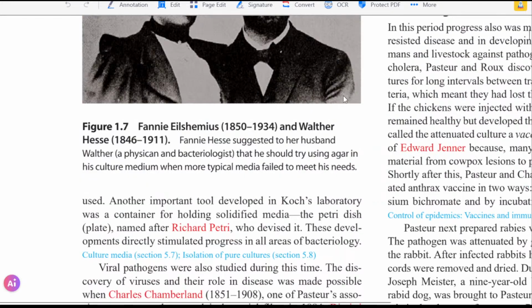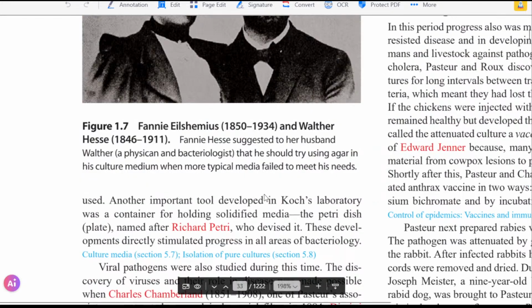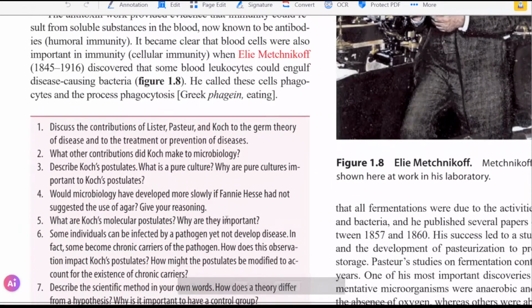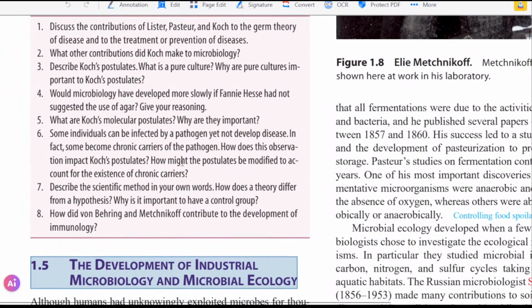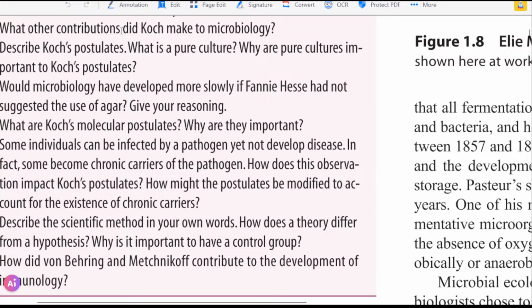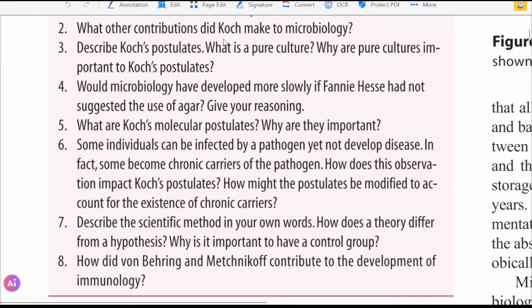Agar is that jelly which you usually use these days for solid media. And when he used that, the bacteria grew quite nicely. So Koch also kind of normalized the use of jelly, or solid media, the agar media.